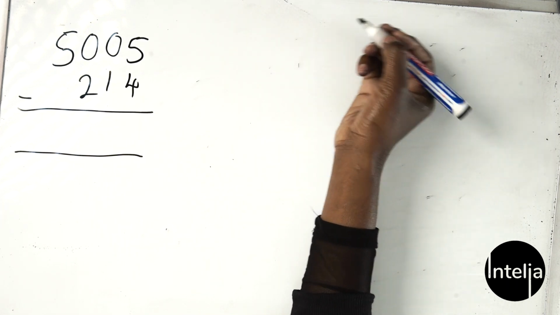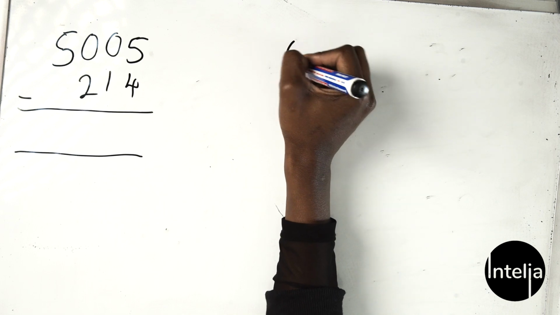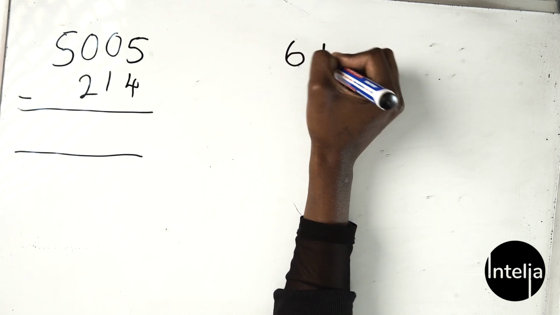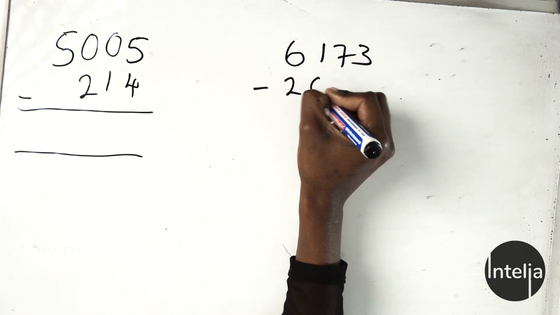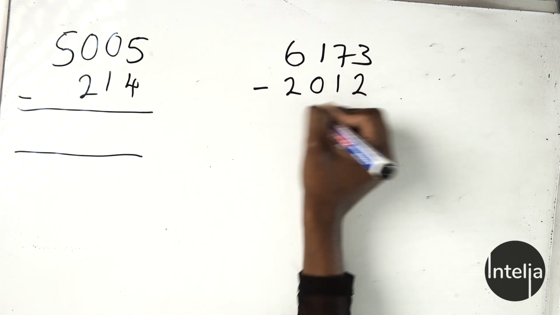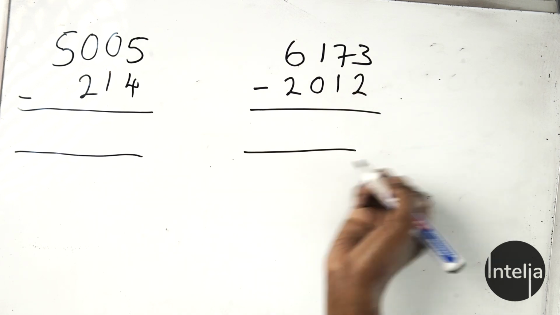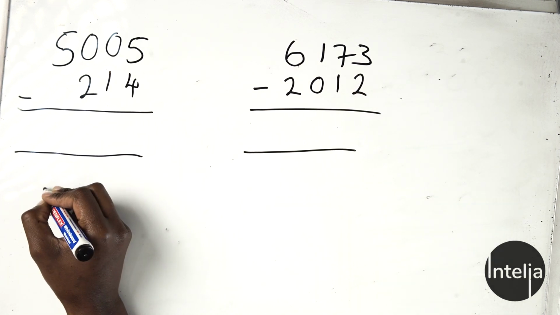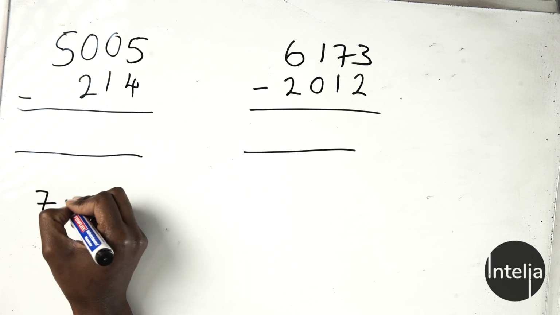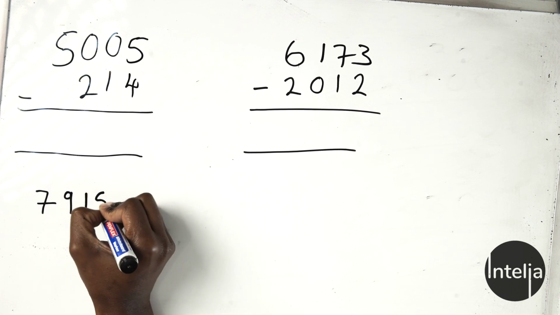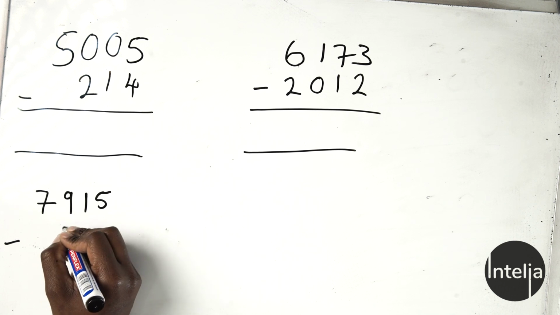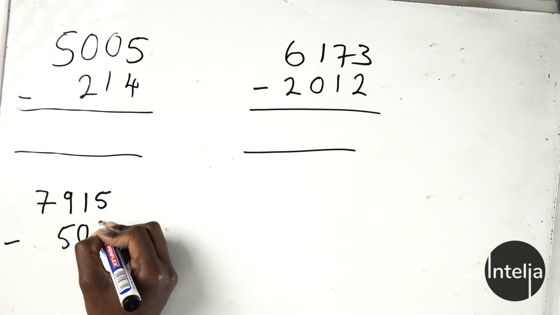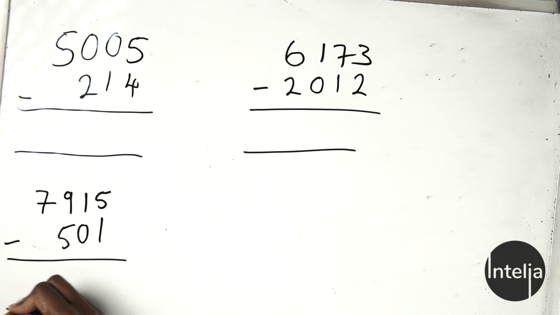So it's 5005 minus 214. Then here we have 6173 minus 2012. And then we have 7915 minus 501, like this.